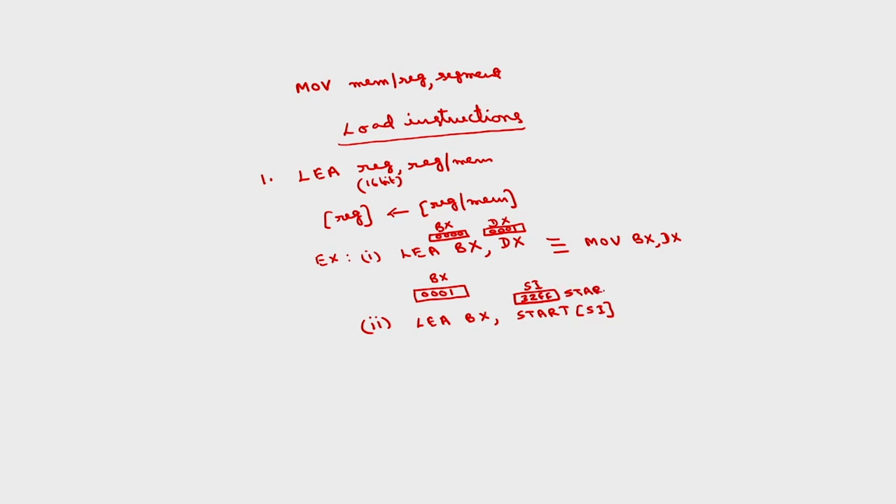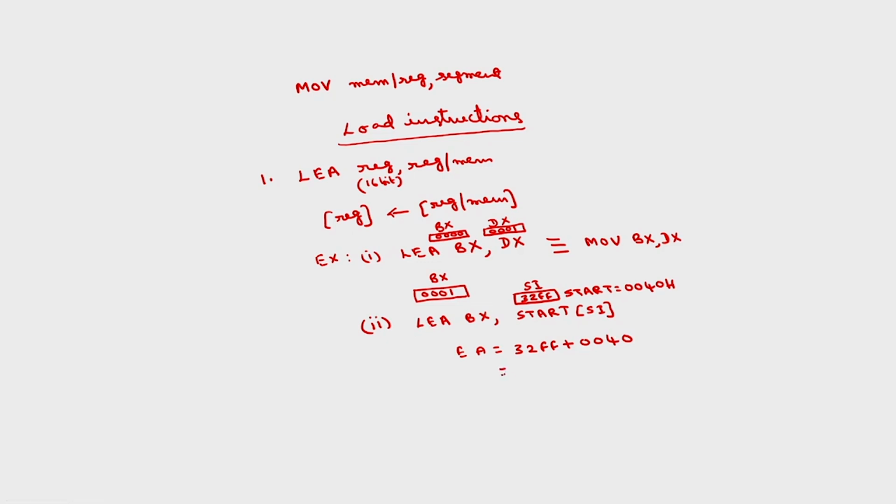Start is 0040H, so the effective address will be simply 32FF plus 0040. I am not calculating the physical address. Remember, this is actually load effective address, so I am calculating the effective address.